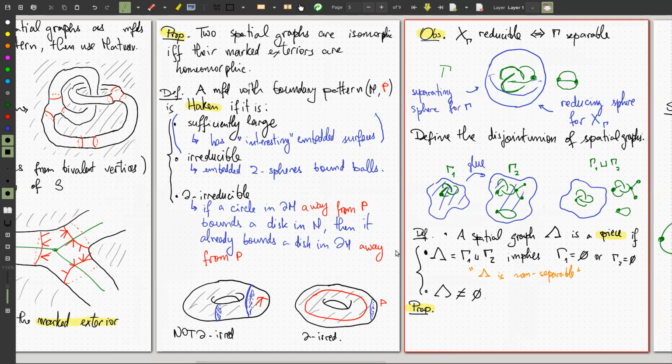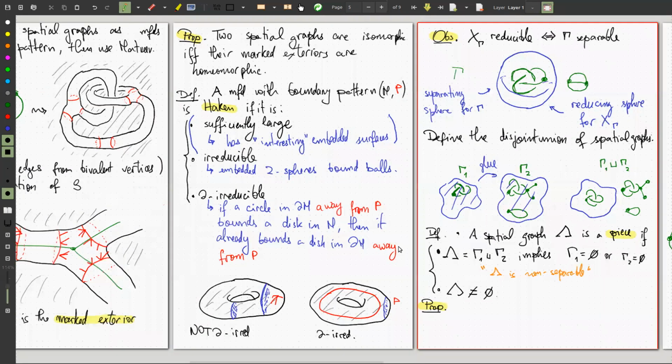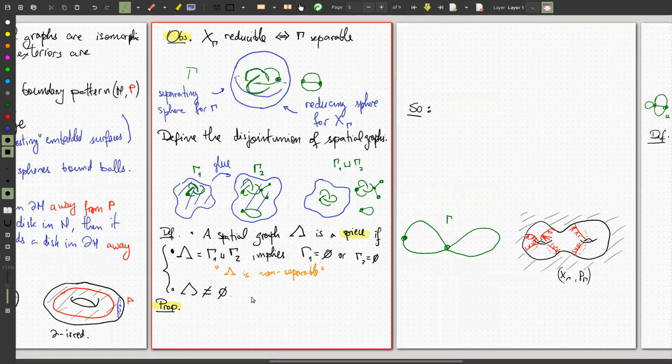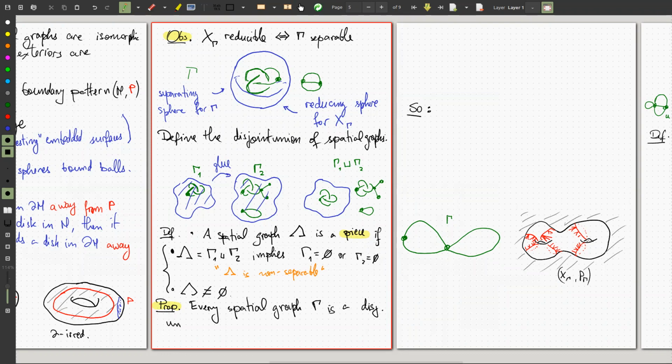So now we have this proposition that it's hardly something that you're going to write home about. It's absolutely predictable that this should be true, but it's interesting that we think in these terms for what comes next. So the proposition is that every spatial graph gamma is a disjoint union of pieces.